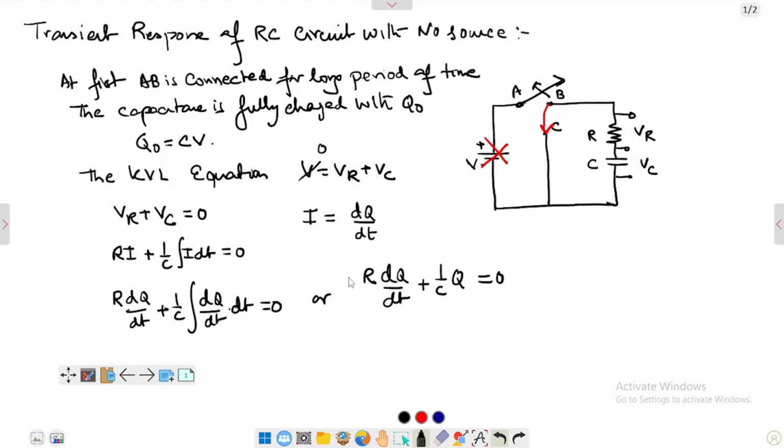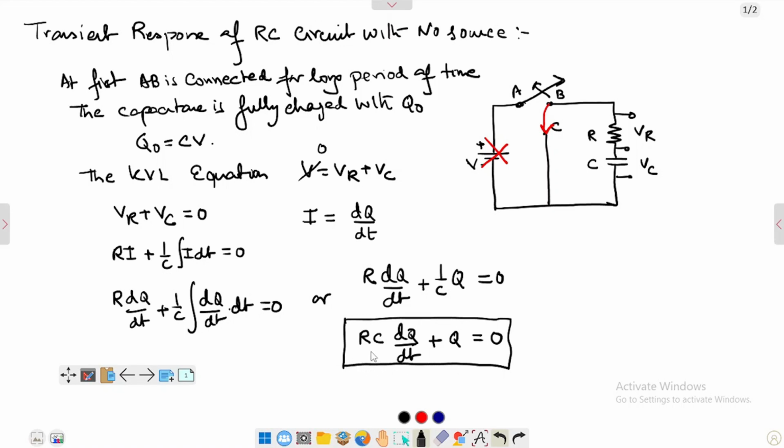I will multiply both sides by C, and I get RC dq/dt plus q equal to 0. So now my equation looks like this.